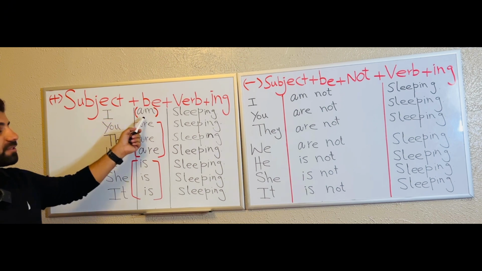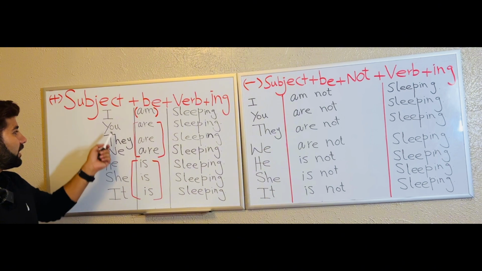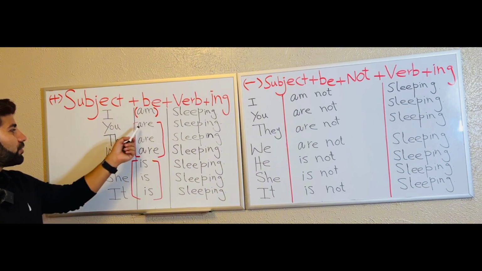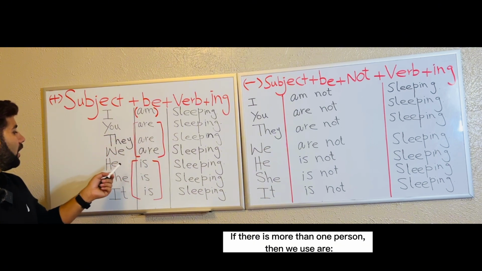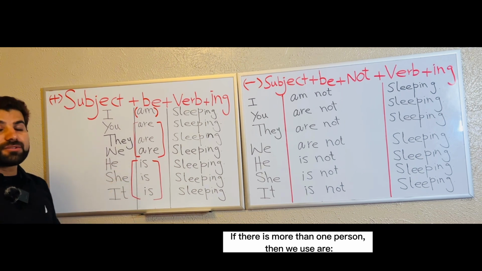With I, we use am. You, they, we: with these subjects, we use are. He, she, it: with these subjects, we use is.